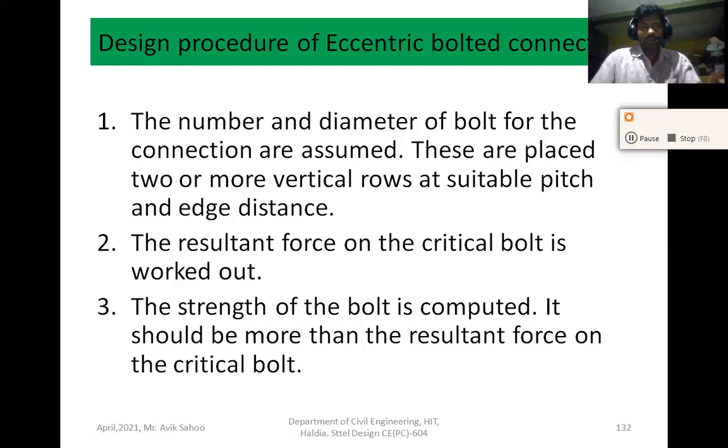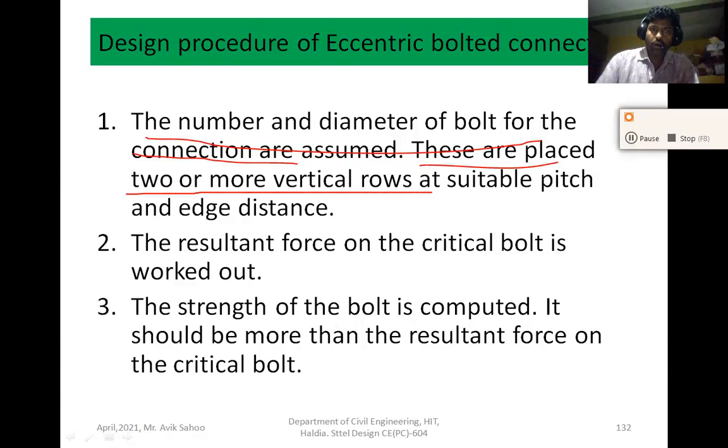Now this is the design procedure of an eccentric bolted connection. First, the number and diameter of bolts for the connection are assumed. You have to choose a particular type of bolt and the standard diameter, and these are placed in 2 or more vertical rows at suitable pitch and edge distance.